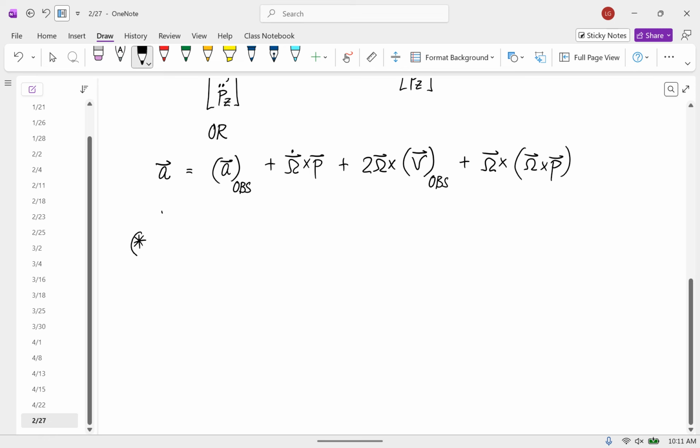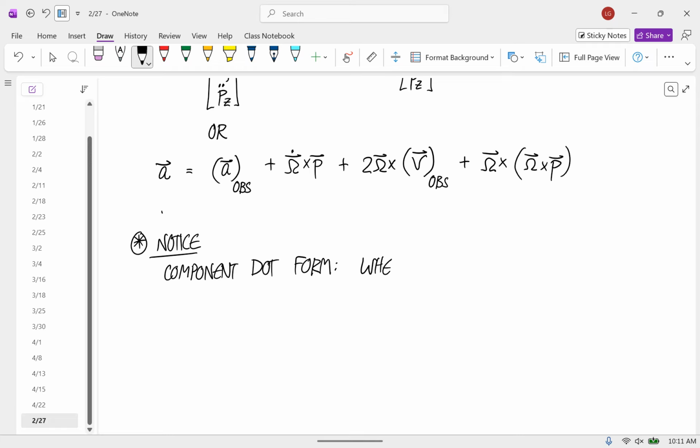So notice the component dot form is for when you're given the position vector as a function of time.